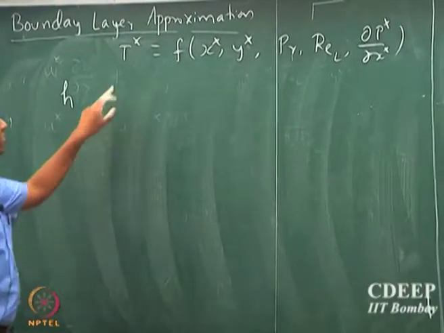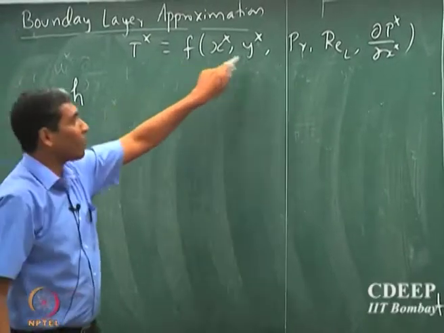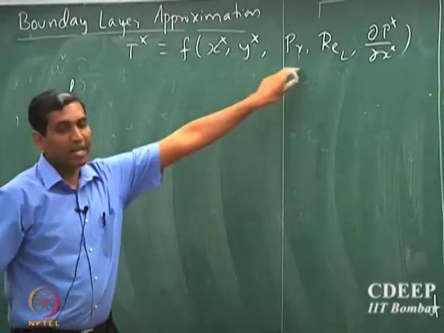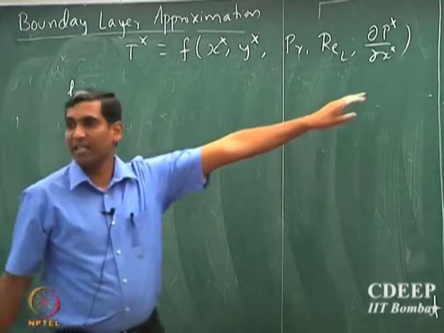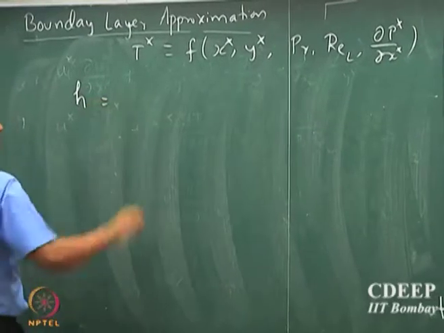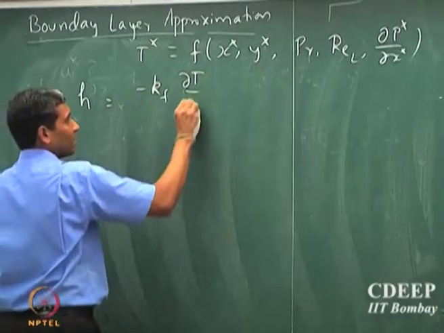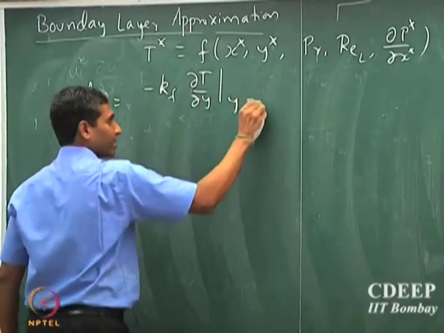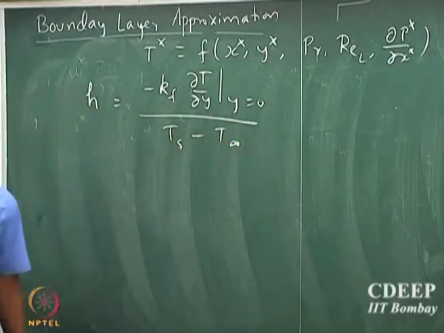Okay. So T star is now a function of all these 5 quantities: x star, y star, which are the dimensions, Prandtl and Reynolds number, which appears as a scaling in the diffusion term, and dp star by dx star, the pressure gradient. Okay. So heat transport coefficient is defined as minus kf dT by dy divided by Ts minus T infinity.